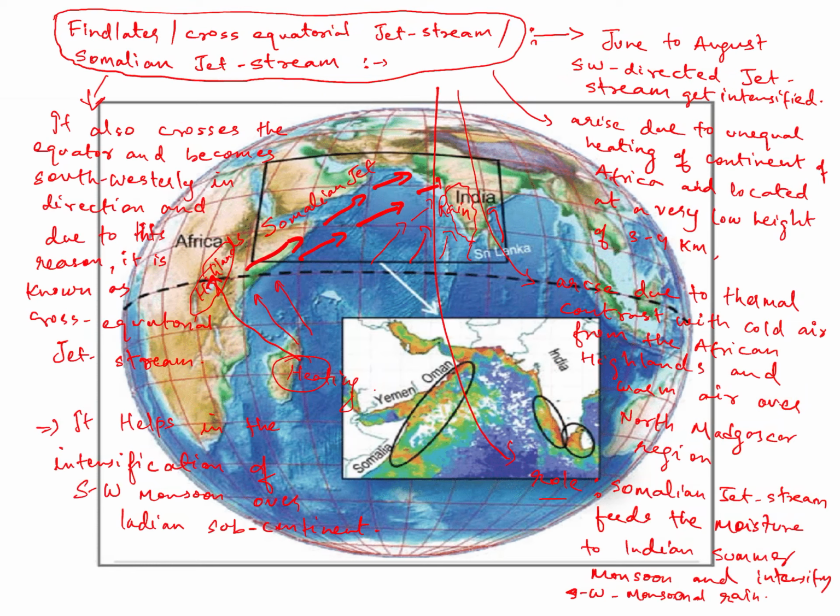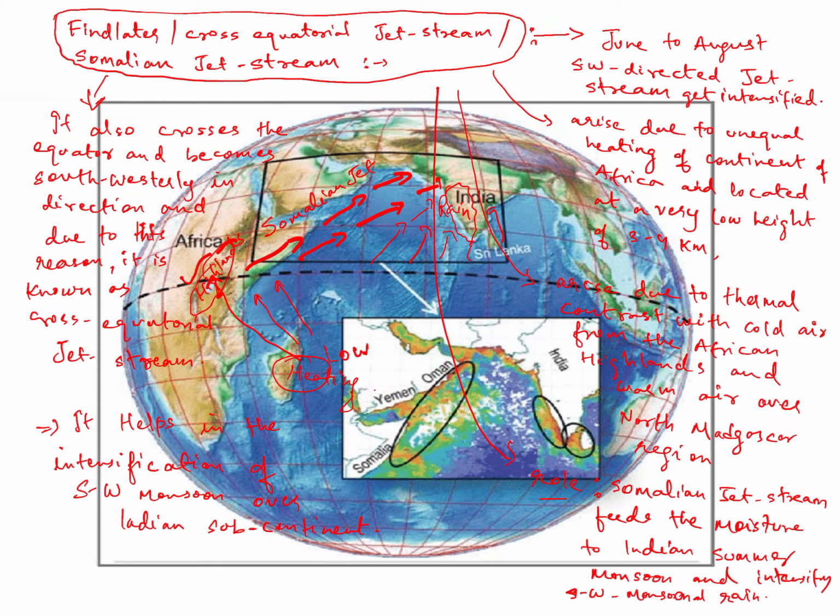Why has it arisen? It arises due to a thermal contrast between the highland of Africa and the heating of Madagascar Island. So this Madagascar Island is heated, creating what kind of pressure? Low pressure, isn't it?